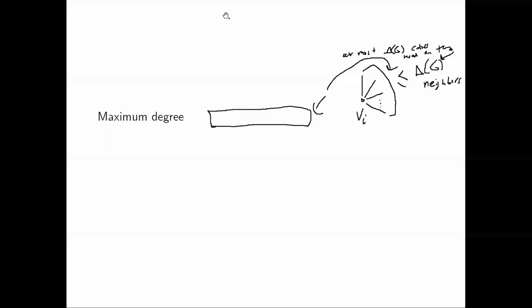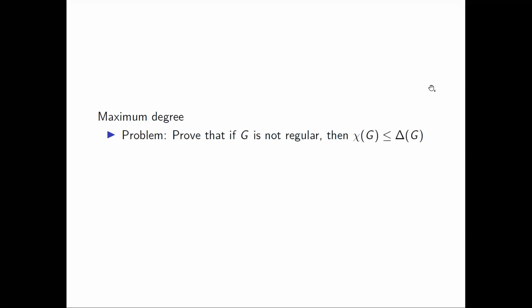So here's a related question for you to think about. And this one can be proved very similarly. So prove that if G is not regular, in other words, if not all of the vertices of G have the same degree. So I'll write that as a reminder.